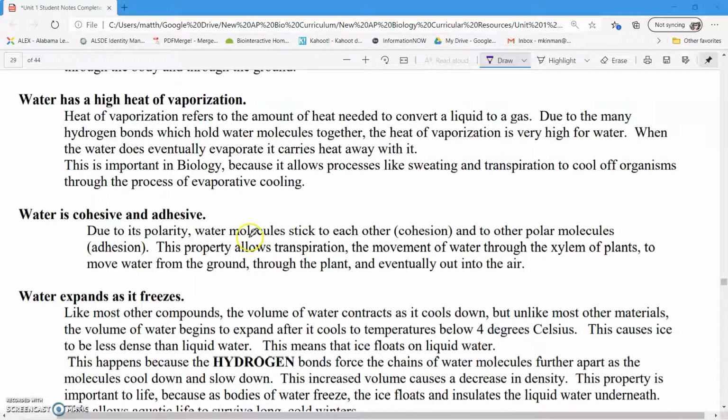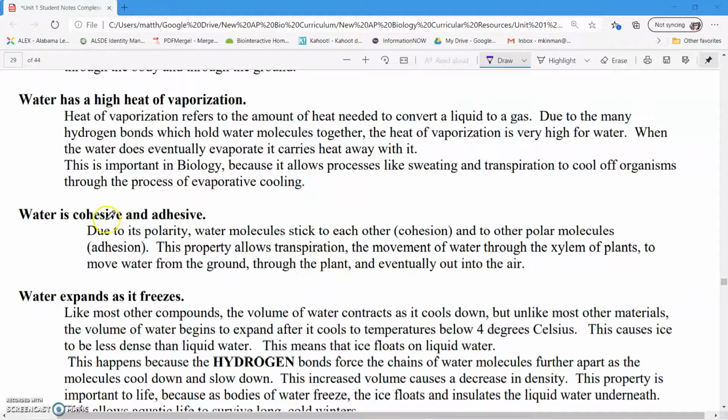Water is cohesive and adhesive, something that I said a minute ago. Due to its polarity, water molecules stick to each other, cohesion, and to other polar molecules, adhesion. This property allows transpiration, the movement of water through the xylem of plants, to move water from the ground through the plant and eventually into the air.